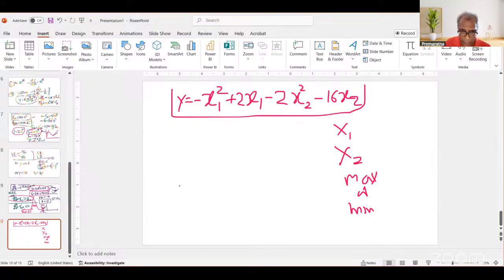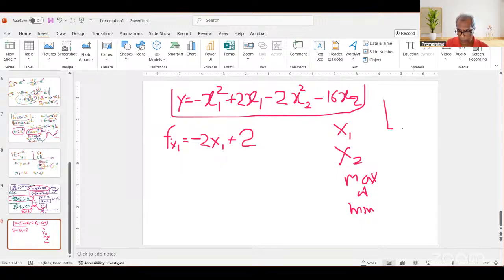For that, what we have to do is differentiate this equation with respect to x1. When you do, you get minus 2x1 plus 2.